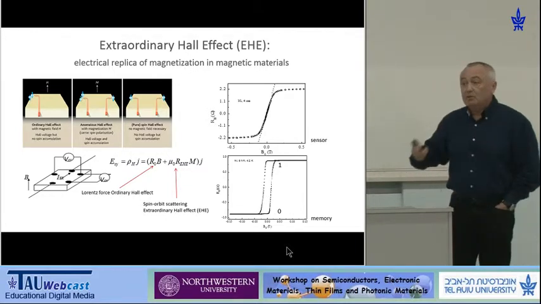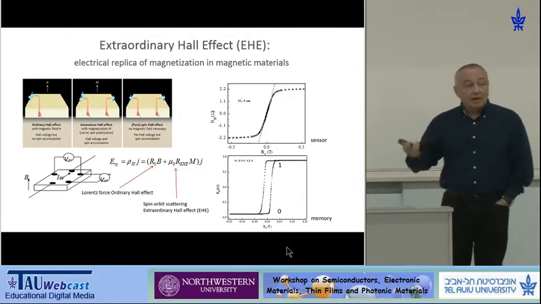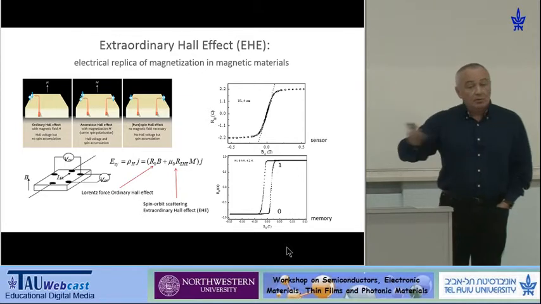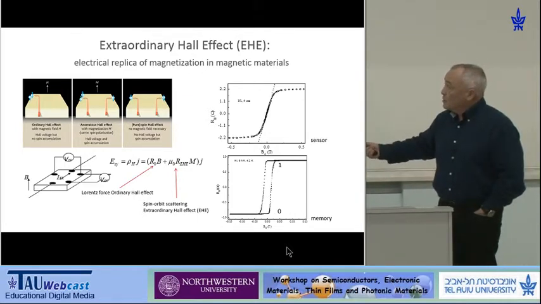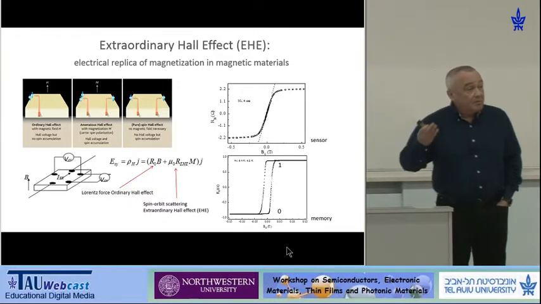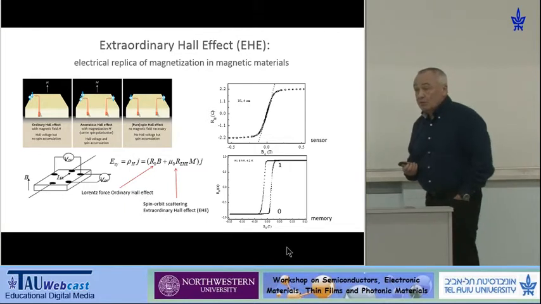If we have spin-orbit interaction, then spins up will go one direction, spins down will go the opposite direction, and if their number is different, we have accumulation of charge on one side versus the charge on the other side, and this is the basics of the extraordinary Hall effect.